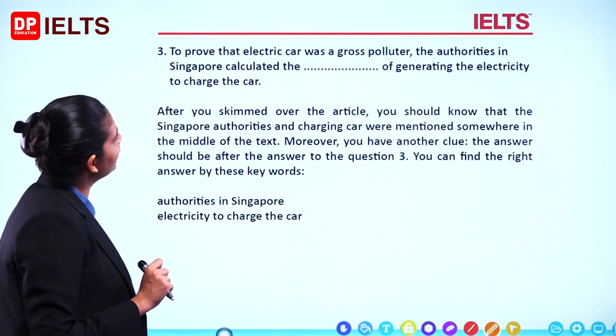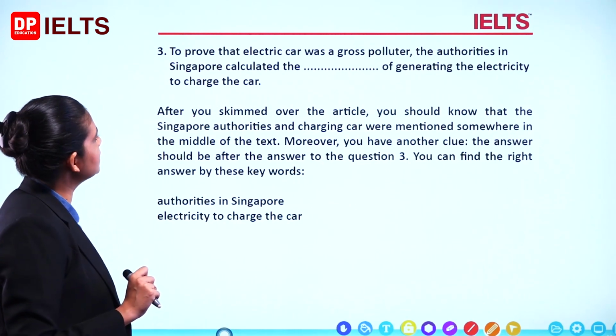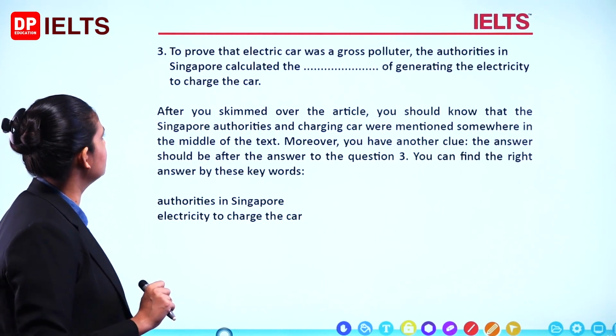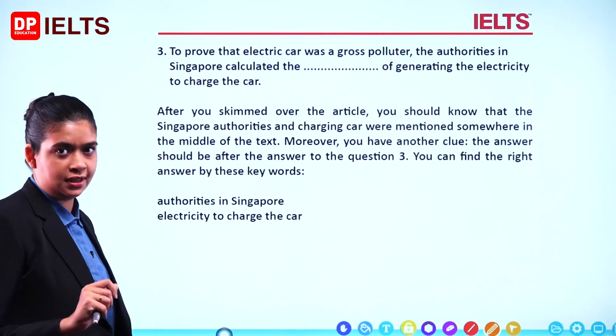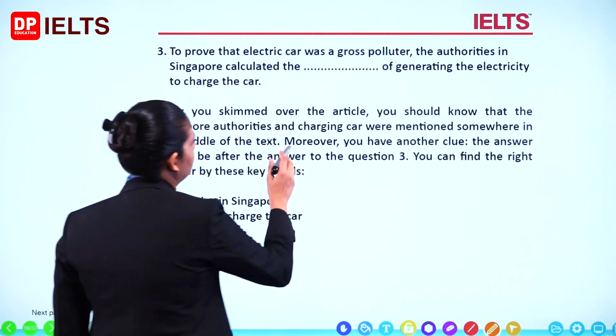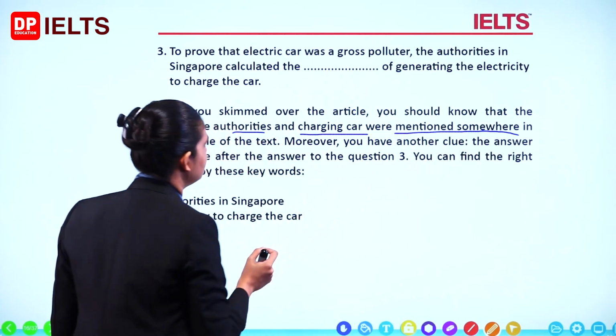To prove that electric car was a gross polluter, the authorities in Singapore calculated the watt of generating the electricity to charge the car. Now, after you skimmed the article, you should know that the Singapore authorities and charging the car were mentioned somewhere in the middle of the text.